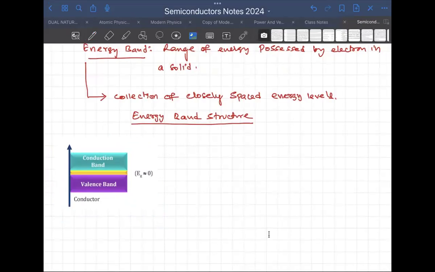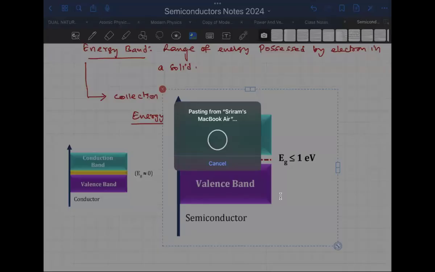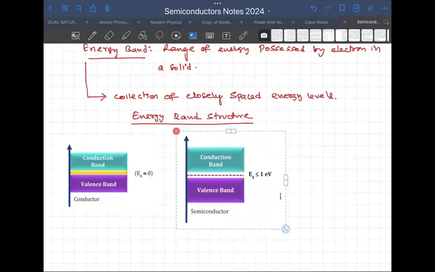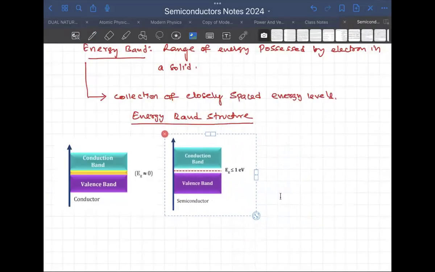Next, the other part is a semiconductor. And then an insulator.